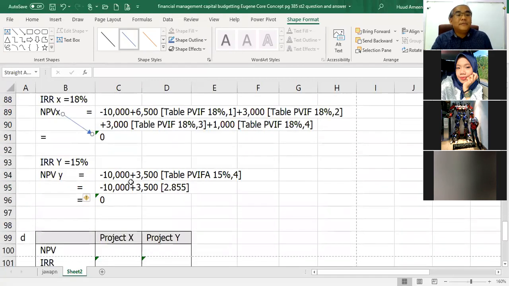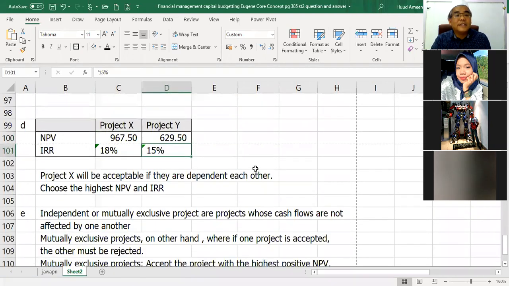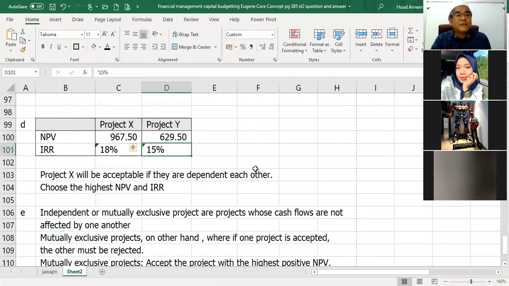So when you compare project X and project Y, project X is better, 18% against 15%. This is the theory: project X will be acceptable because it's higher than project Y.